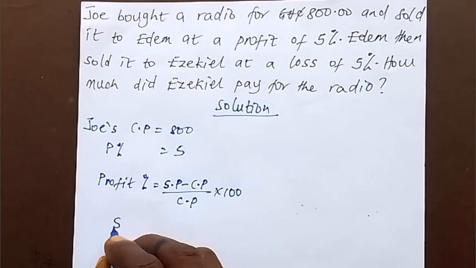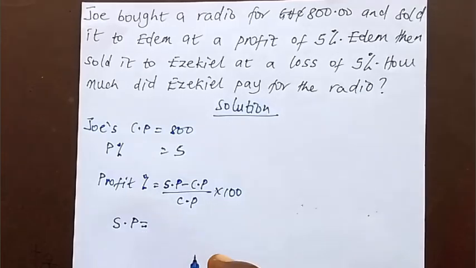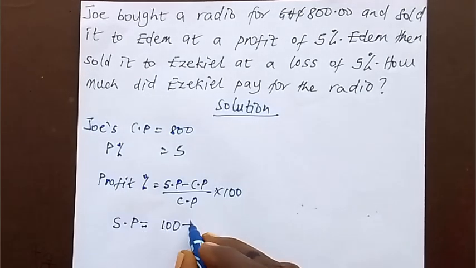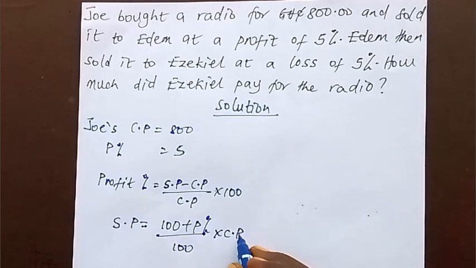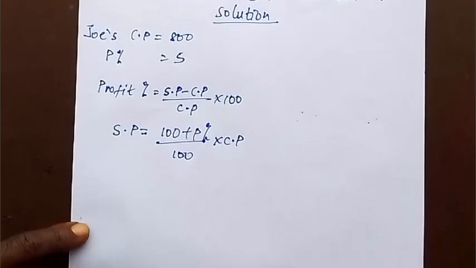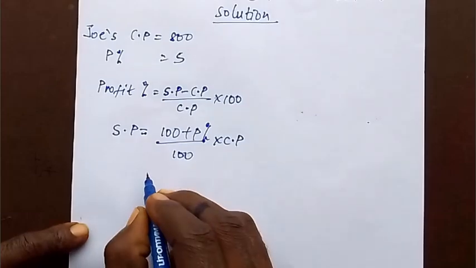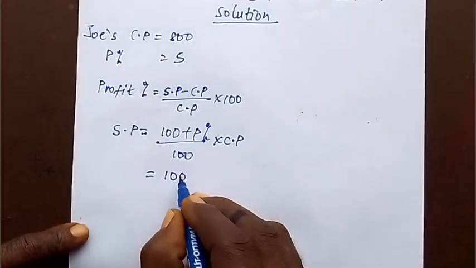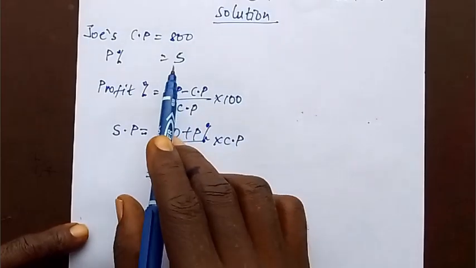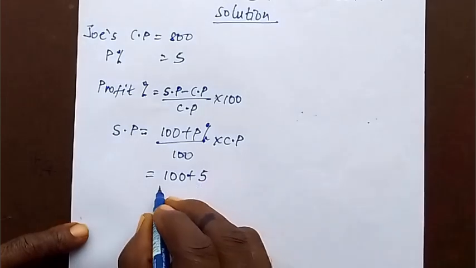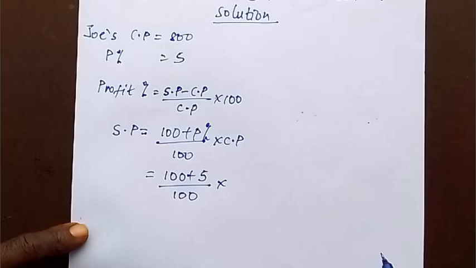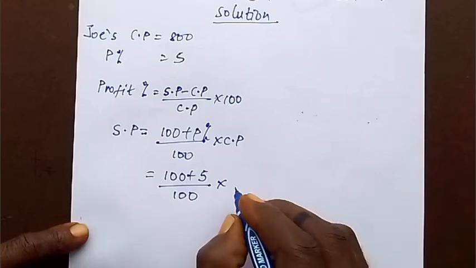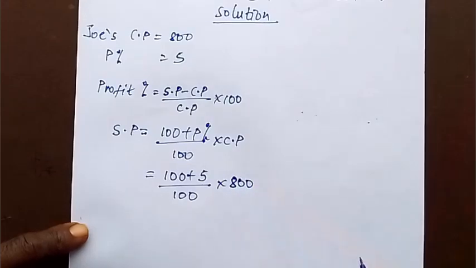So our selling price is equal to (100 plus profit percent) all over 100 times our cost price. Let's do a substitution. This is (100 plus 5) all over 100 multiplied by our cost price of 800.